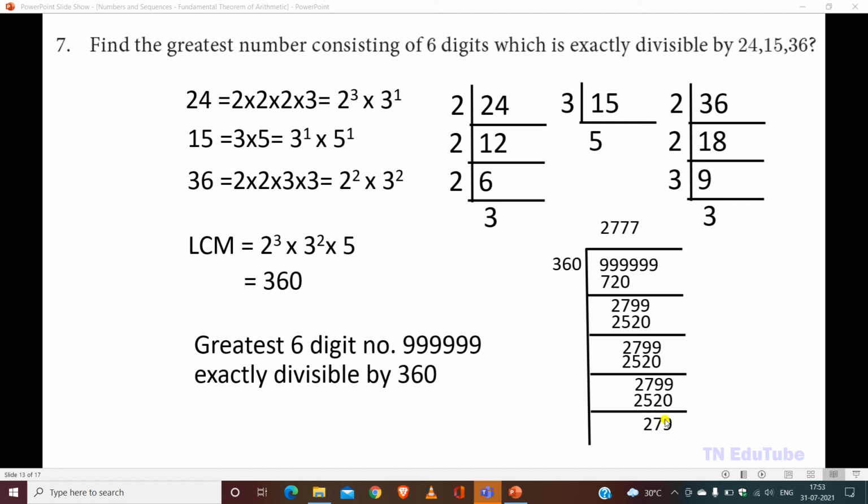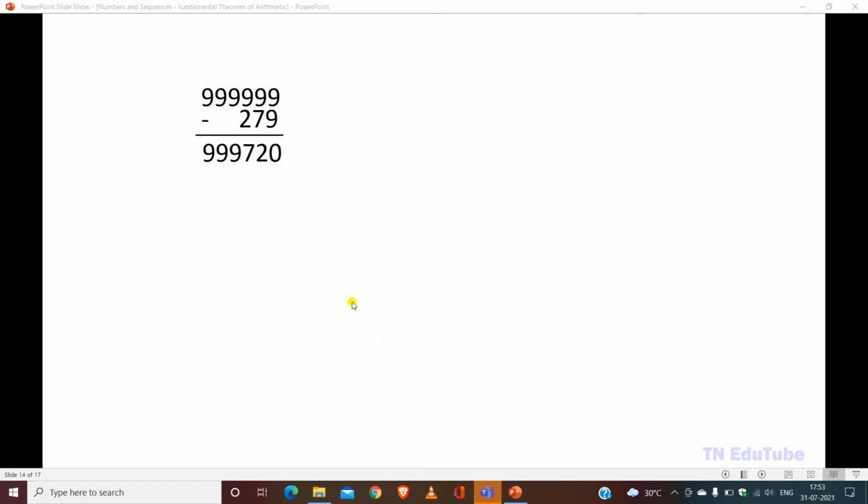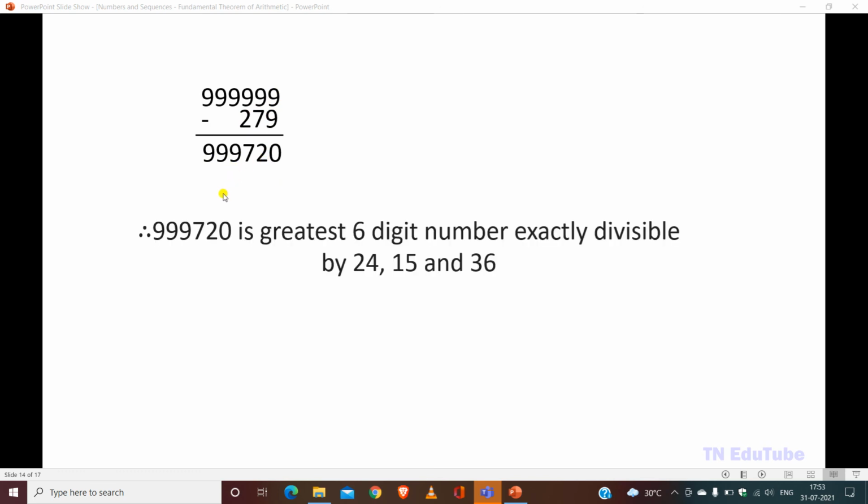You get the balance 279 as the remainder. So exactly divisible by this particular number means you have to subtract the remainder from the given number. That number is divisible by 360. So you have to subtract 279 from this biggest 6-digit number. So you get the answer like this. This one is the required answer.